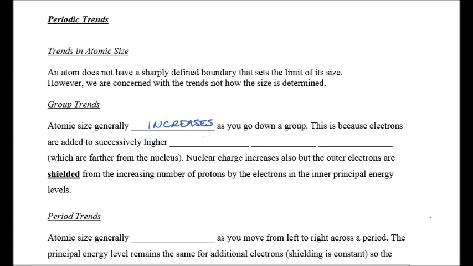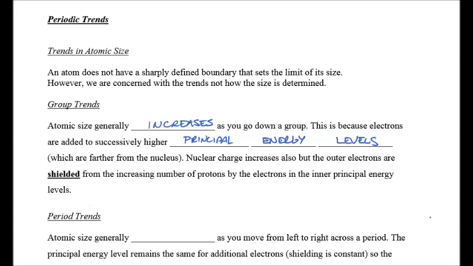This is because electrons are added to successively higher principal energy levels, which are the shells, or the orbits in the Bohr model. Now, as you go down a group, you're also increasing protons, and protons love to pull electrons closer in, making the atom smaller.